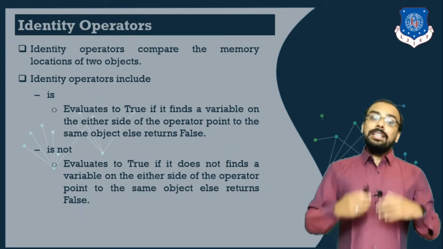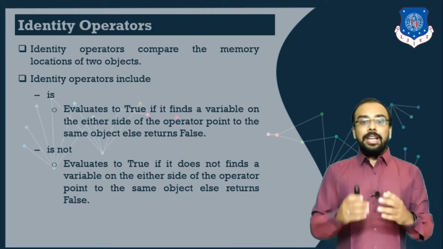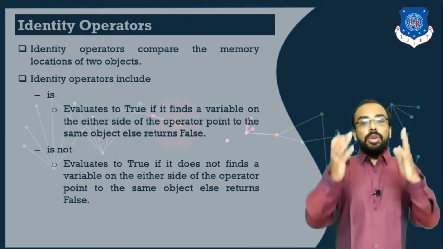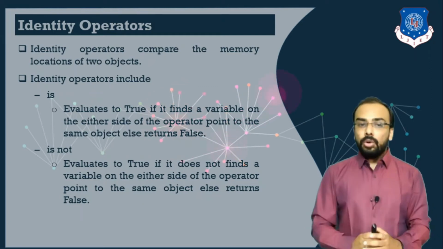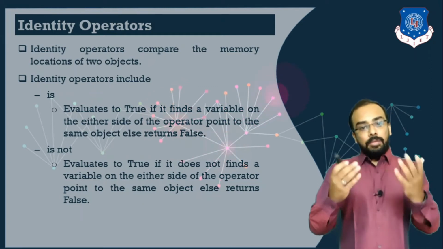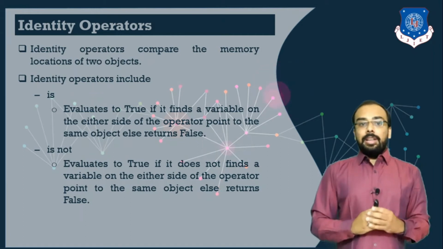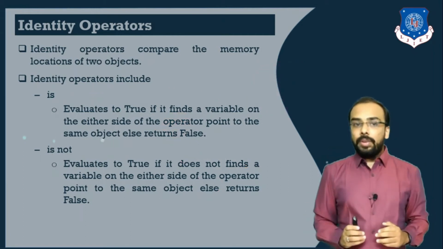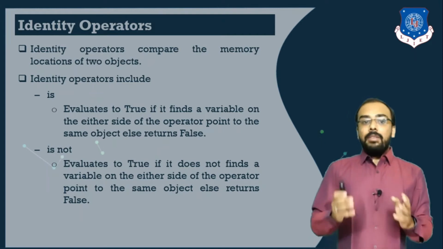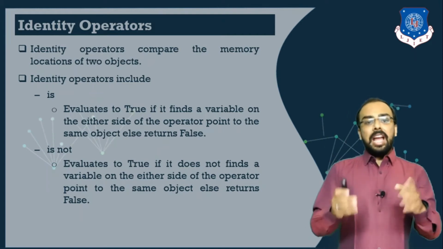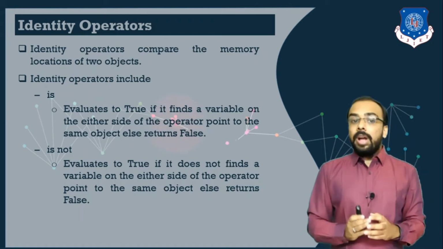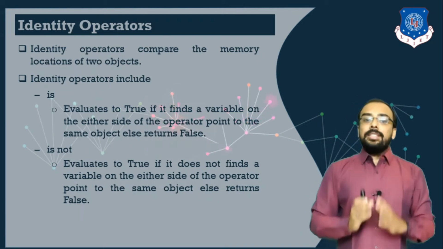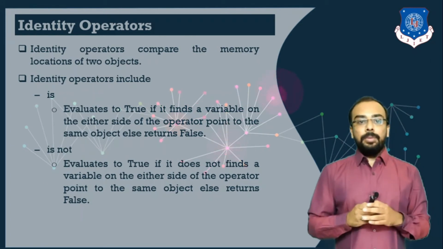It evaluates to true when two different objects are not pointing to the same memory location, else it will return false. If I have stored a equal to 5, b equal to 5, and now I use the is not operator, it will return false. Why? Because both objects are storing the same value.